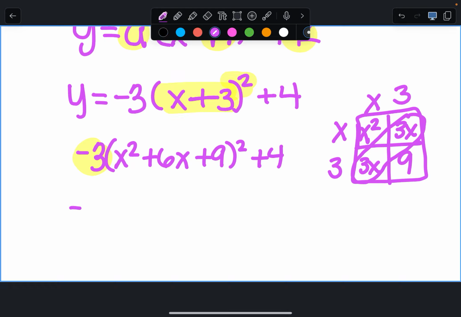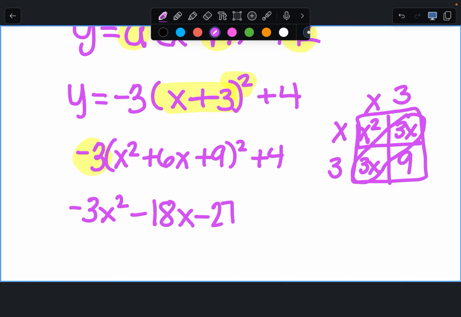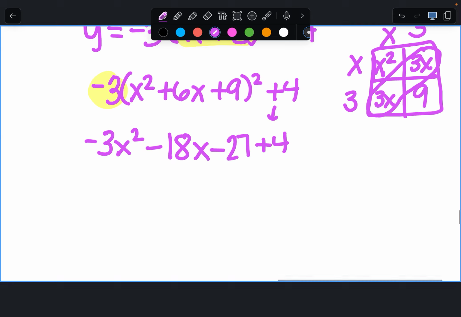Distribute the -3. -3x squared, -3 times 6, -3 times 9. Bring down the +4. And then the last step, combine. -23. Whew. Any questions?